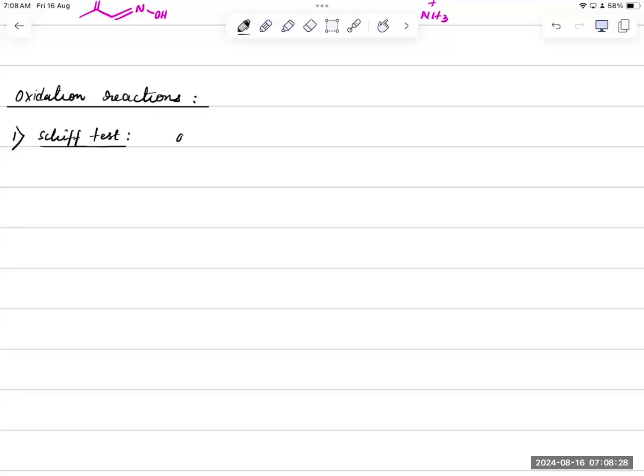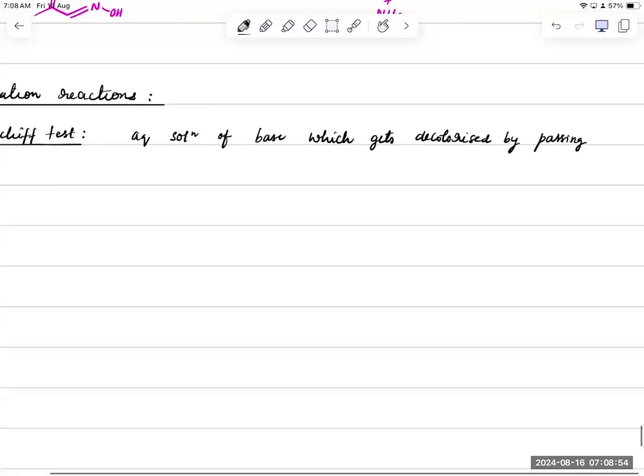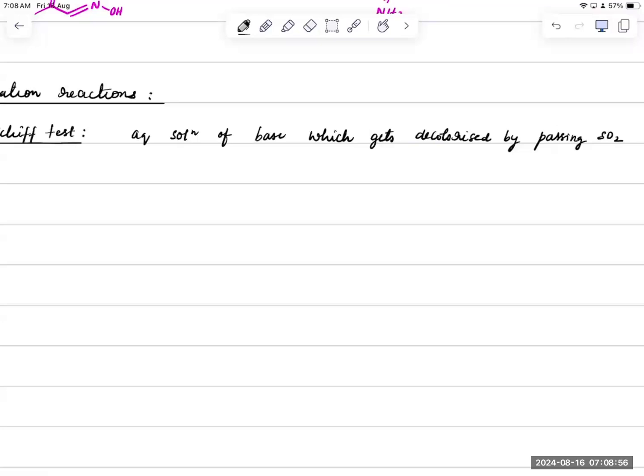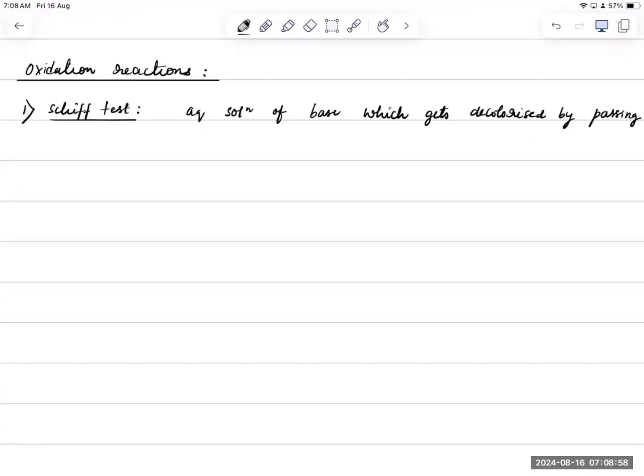Basically, Schiff's test means it is an aqueous solution of a base which gets decolorized by passing SO2. What is that base?